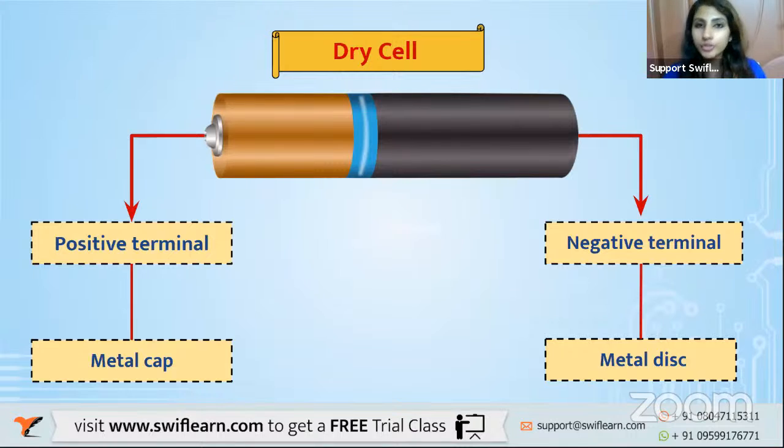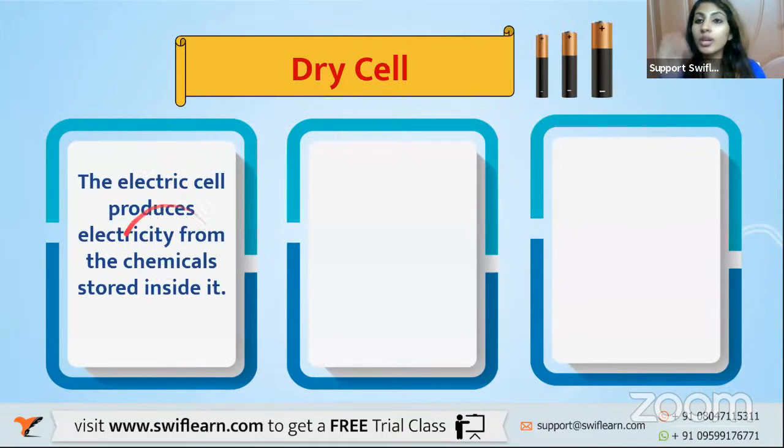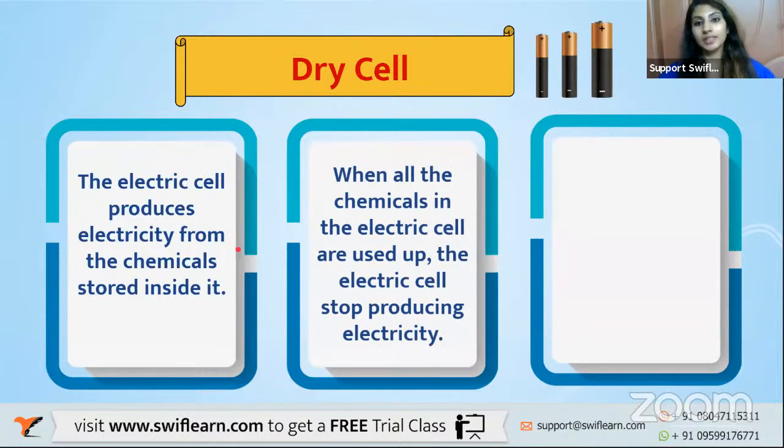You should always understand this dry cell consists of so many chemicals. These chemicals are stored inside the cell, and from there the electricity is produced. When all the chemicals in the electric cell are used up, the electric cell will stop producing electricity.